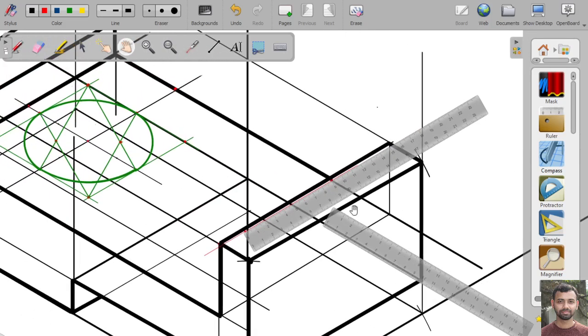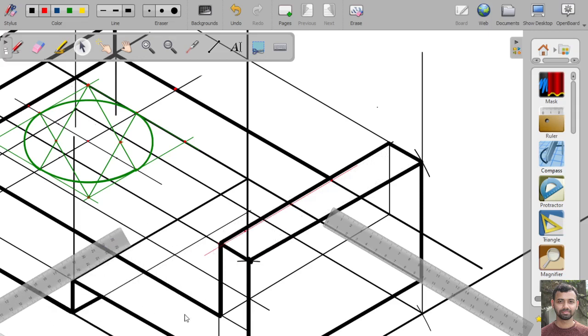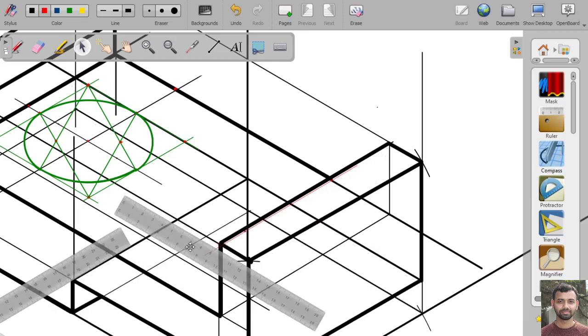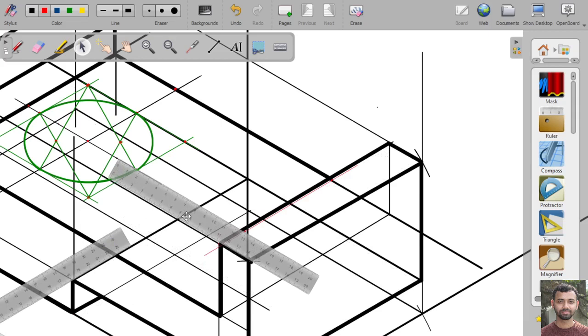Okay, so basically we can say that if we extend this axis, then we will get this axis, because both the axes should lie in the same line.